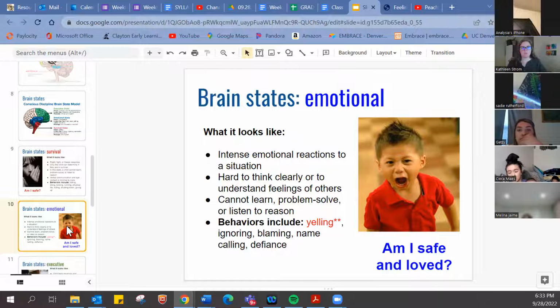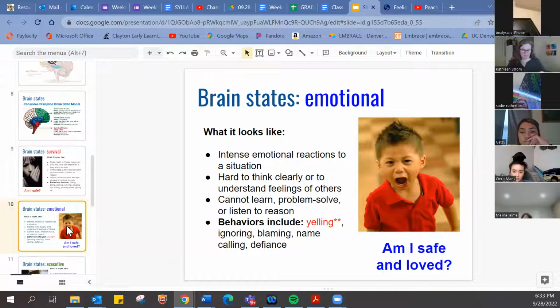So when you are in an emotional state, you are trying to figure out if you are safe and if you are loved. And by loved, it means, am I going to be cared for? Am I going to have my needs met? Okay.